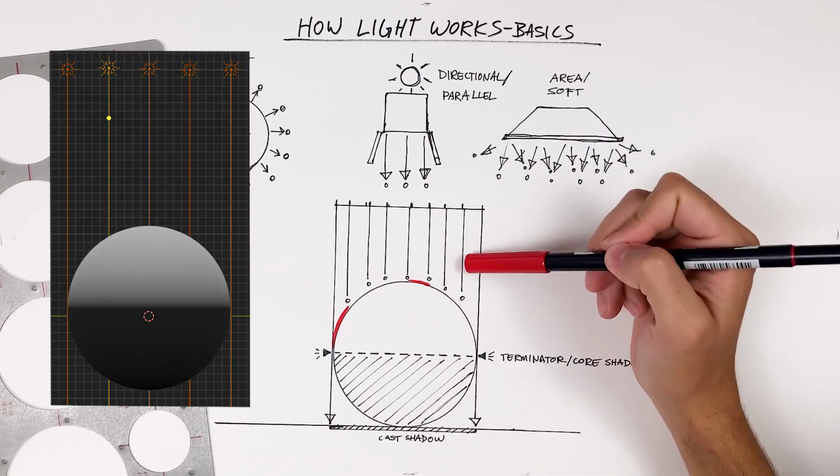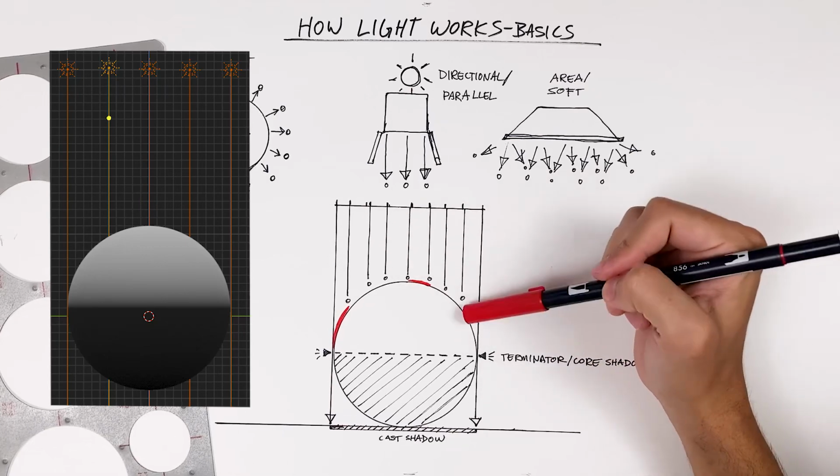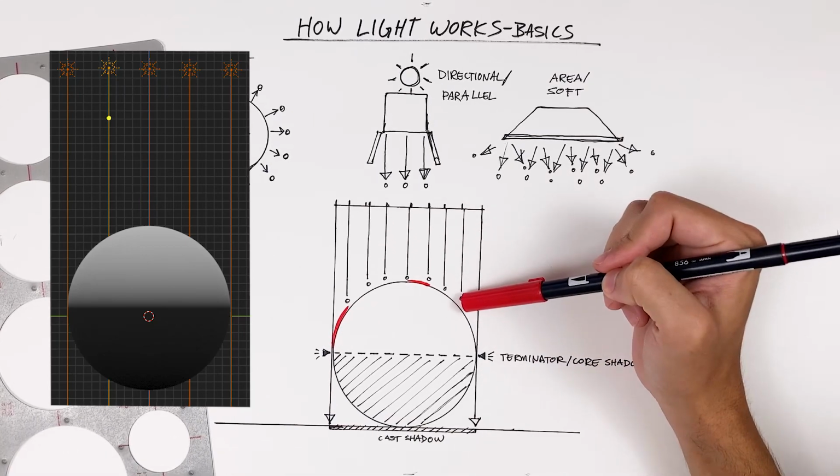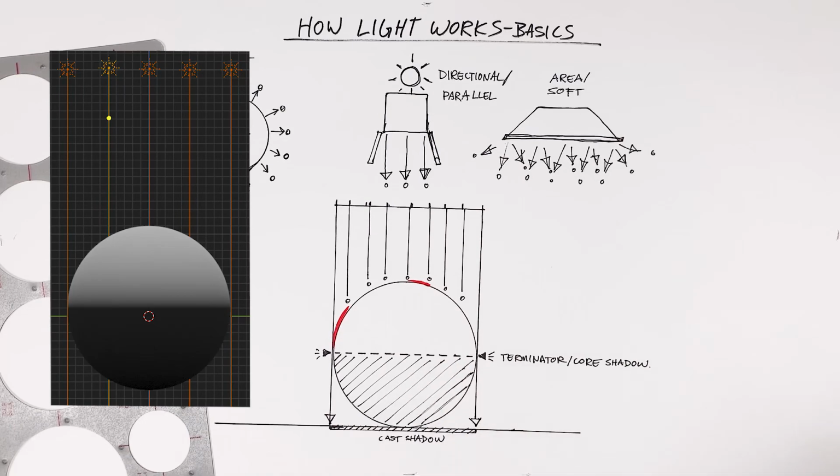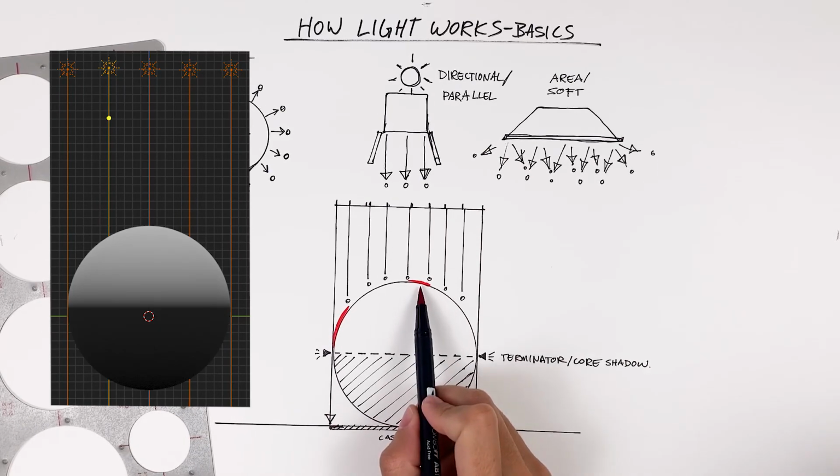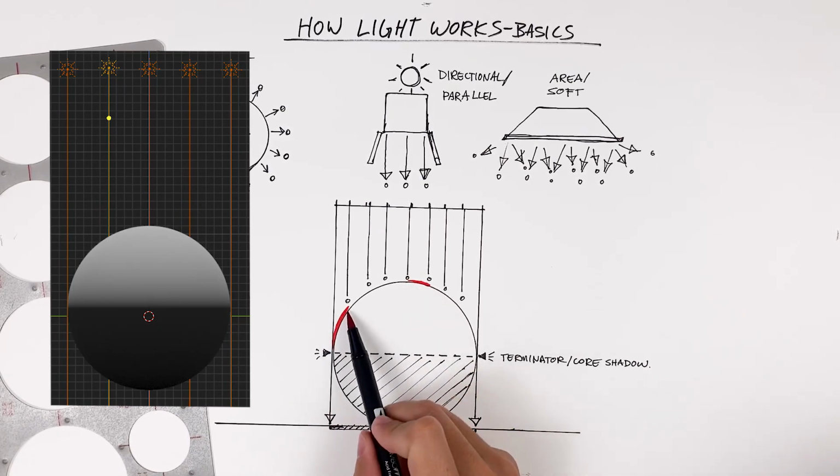Clearly, in respect to the evenly distributed photons that are striking this ball, this area on the surface of the sphere is much smaller than this area.